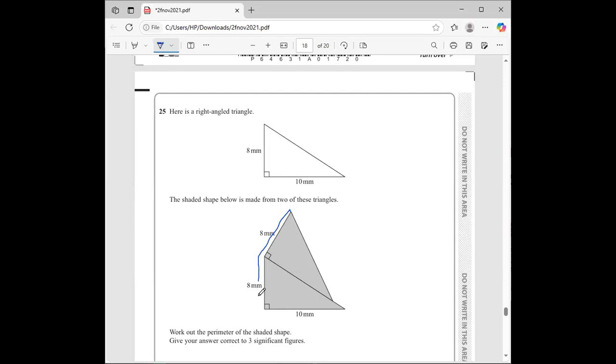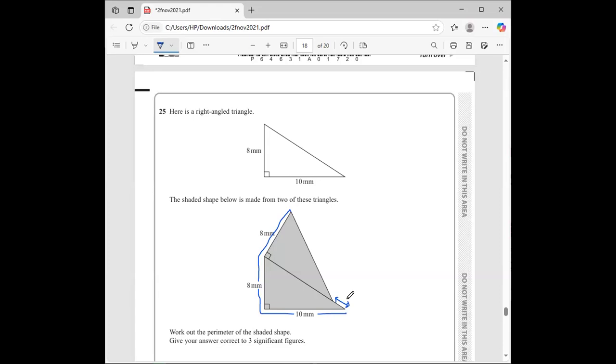These ones, you already know them. The real problem now is here. I hope you know that there's an issue here. We don't know this length from here to here. Do you know that?